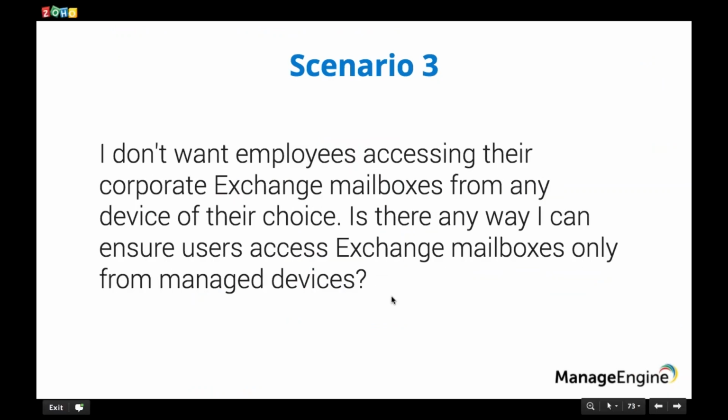My next scenario is that I don't want employees accessing their corporate Exchange mailboxes from any device of their choice. Is there any way I can ensure users access Exchange mailboxes only from managed devices? For this, Mobile Device Manager Plus has conditional Exchange access.